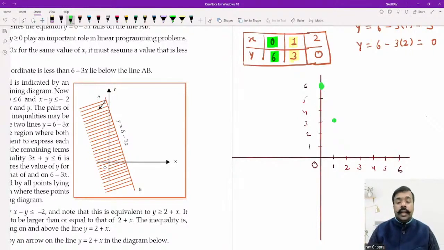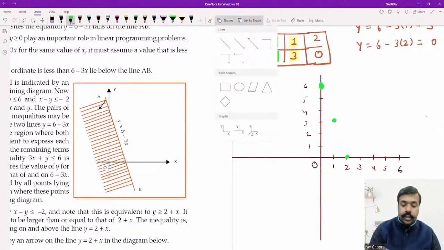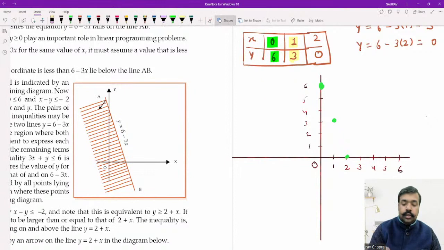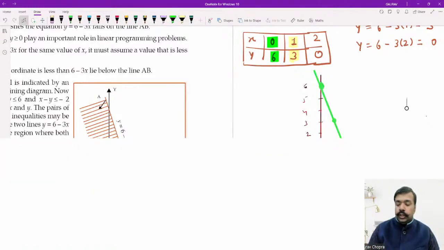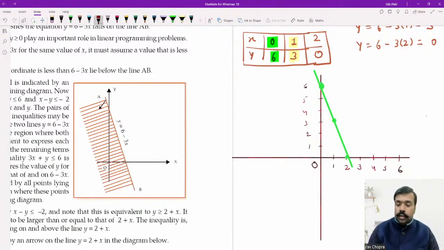And again, the next one, when x is 2, y is 0. So in this manner, we can easily plot the line 6 minus 3x on the graph.